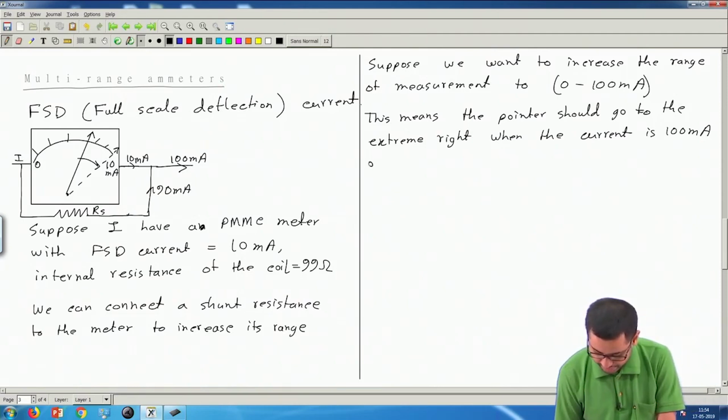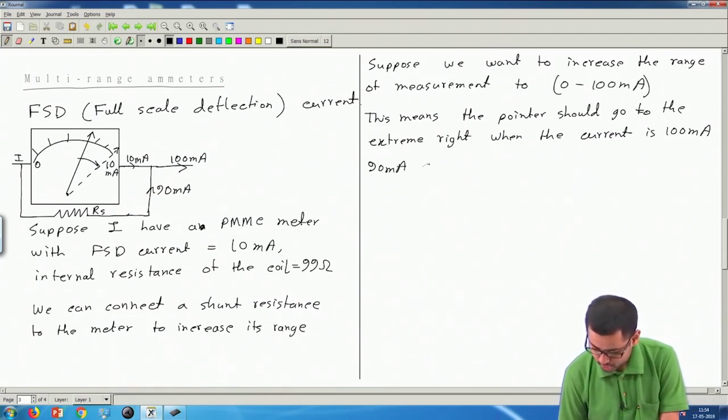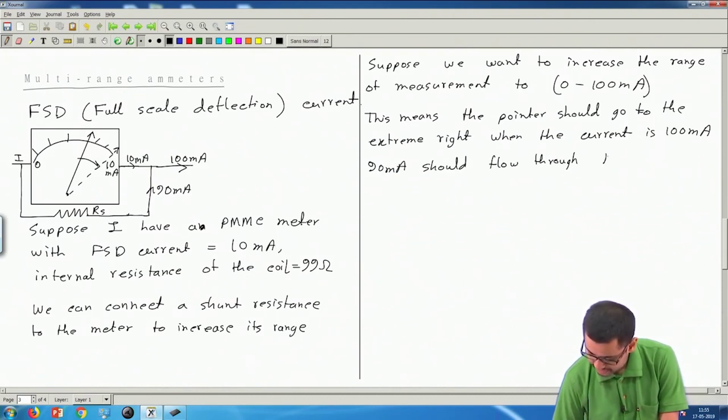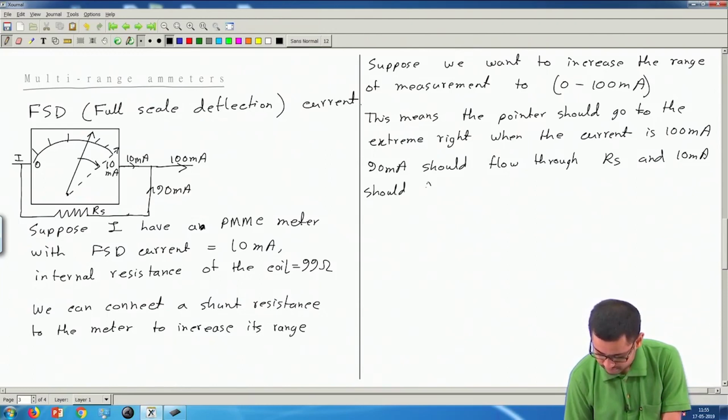So 90 milliampere should flow through Rs and 10 milliampere should flow through the meter.